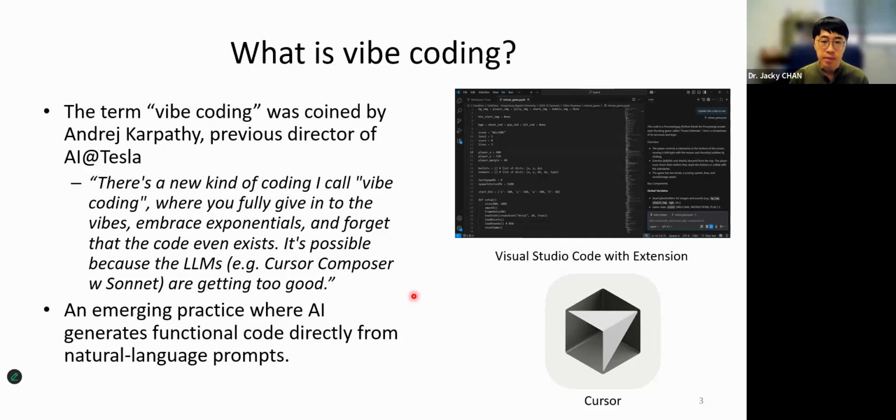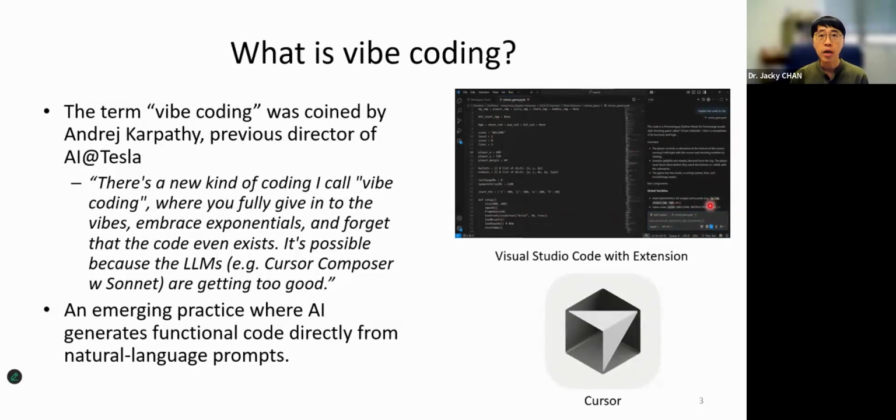And there are some popular tools like Cursor, or Visual Studio Code with extensions, or some other tools. We can use them. It's just like a chatbot. In this image, you can see that the left-hand side is what I showed you, the IDE, but this time on the right-hand side, we have the chatbot.